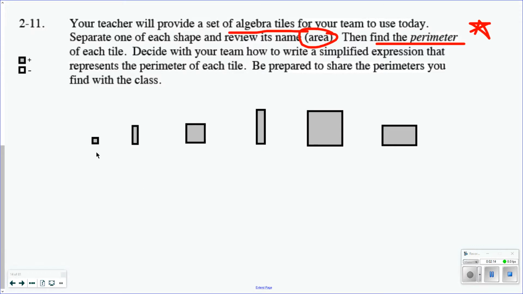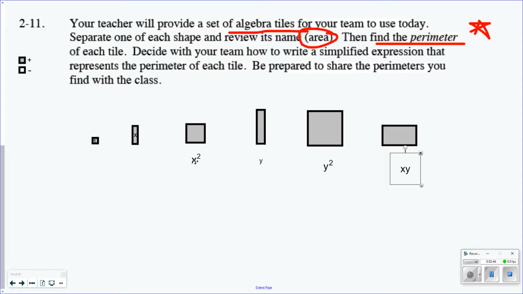And reminder, the name is based off its area. So this here is our 1 tile or the unit tile because 1 times 1 is 1. This one here is our X tile because the dimensions 1 times X is X. And so forth. So go ahead and finish naming the rest of the tiles and then press play once you have that in your notes.